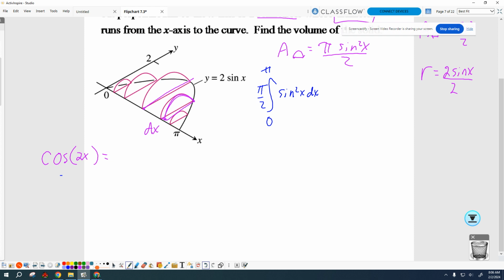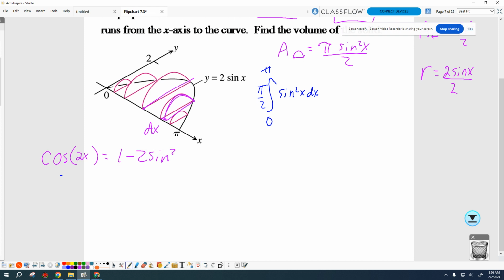Cosine 2x isn't the right one. It comes with cosine squared x minus sine squared x, but I don't want both of those, because now I can't integrate cosine squared or sine squared.